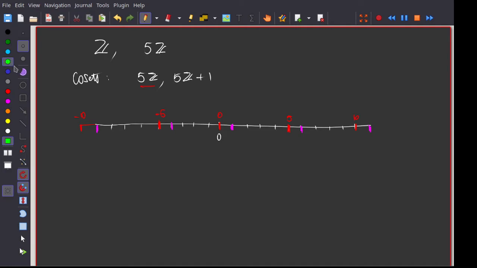Okay, now what would be our next coset? 5Z plus 2, which is what? 2, 5 plus 2, 7, and minus 5 plus 2. All possible remainders of 5, right? So basically I need some more. So 5Z plus 3 and 5Z plus 4.